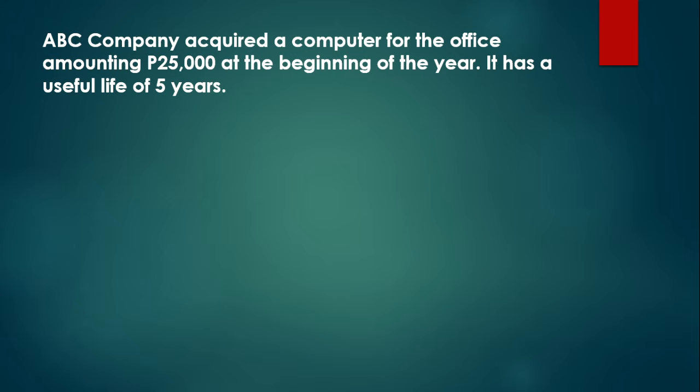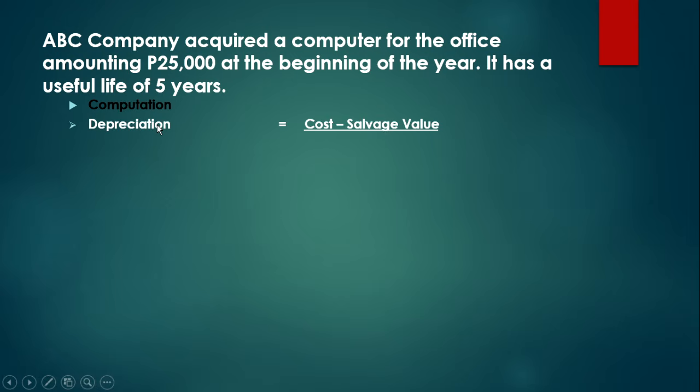Okay, let's have a computation without the salvage value. Depreciation is equal to cost minus salvage value divided by the estimated useful life. So, dahil wala nga tayong salvage value, 25,000 divided by 5 years.